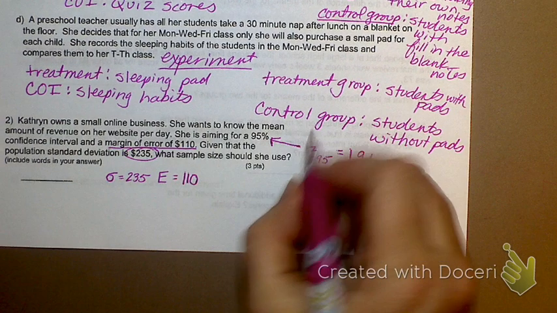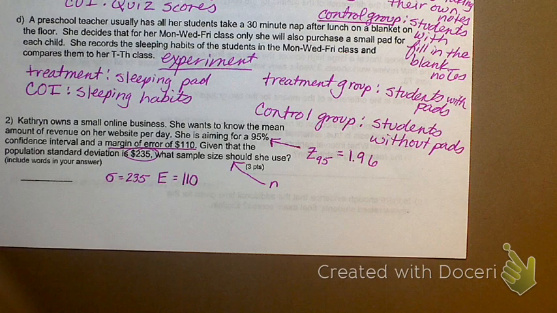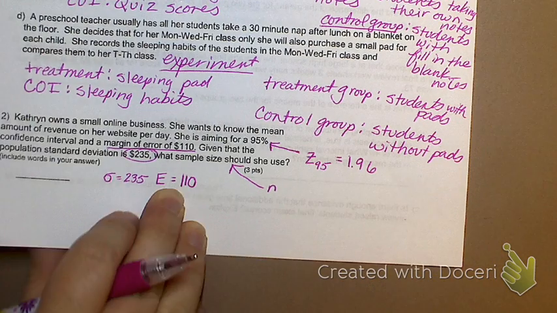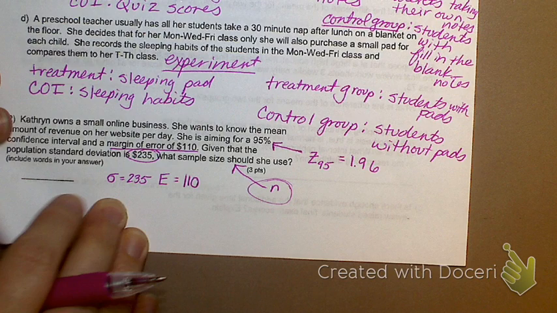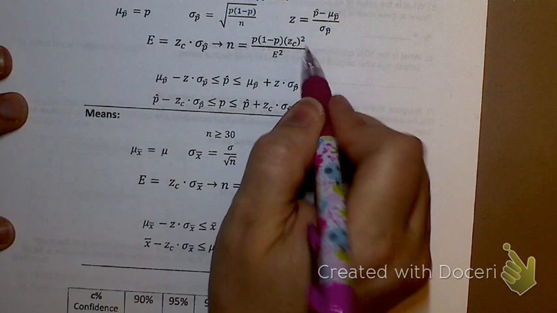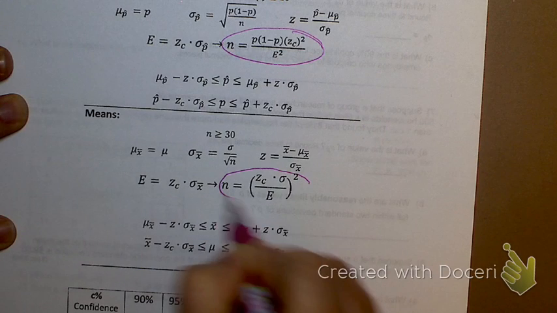Whenever we're trying to find the sample size, we are always looking for n. Okay? So, I want to find a formula that has n by itself, because that's what I'm looking for, right? So, there are two formulas that have n by itself. There is this one right here, and there is that one right there.